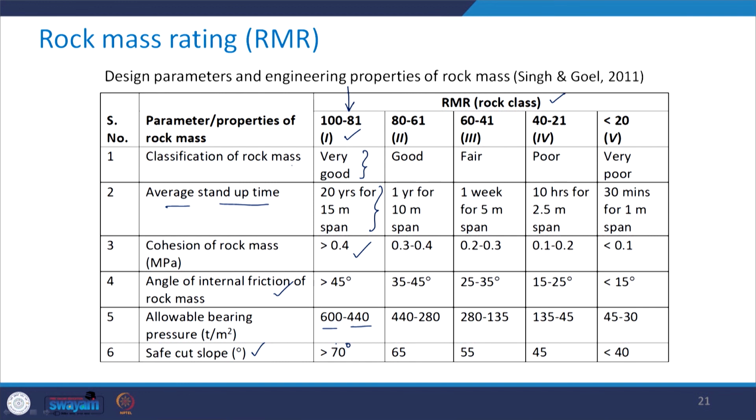So, this is how we classify the rock mass using the rock mass rating system, and once we know the value of RMR, we can have various applications as shown in this table to be applied to the rock mass under various projects, be it for tunnel, foundation related problem or slope related problem.